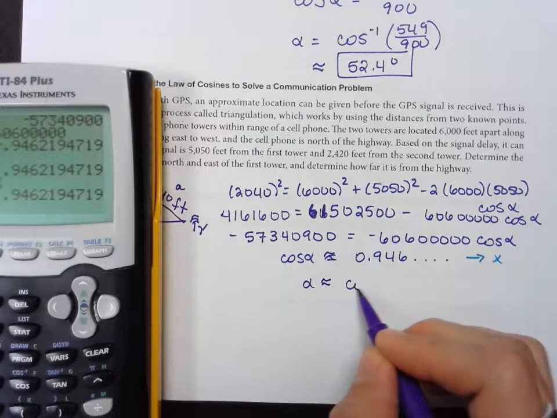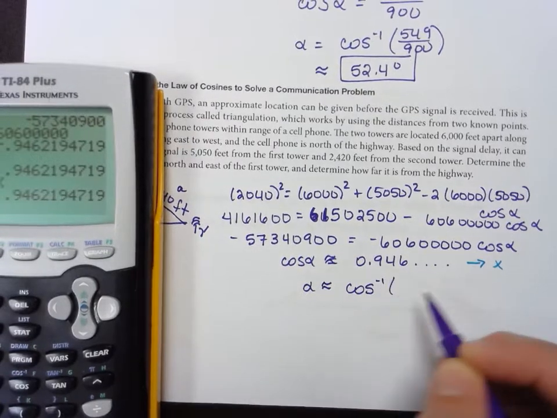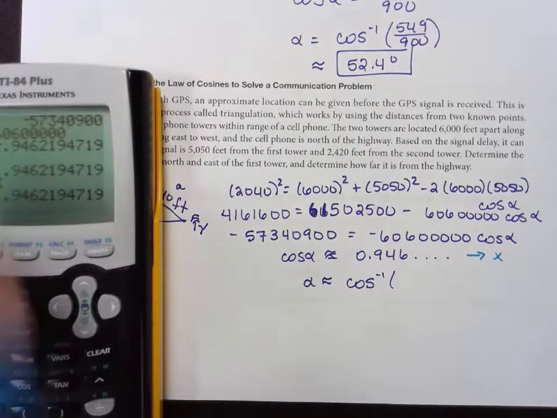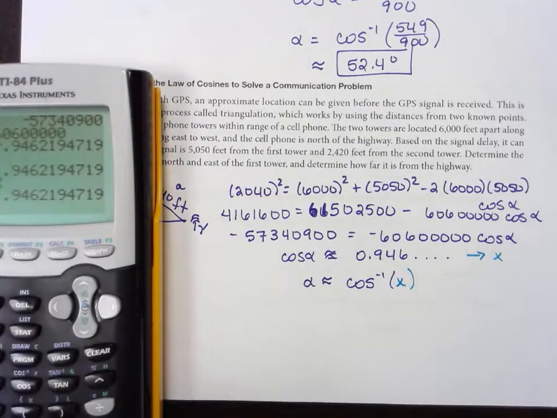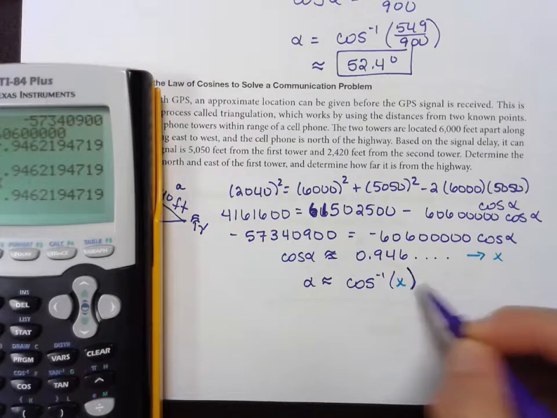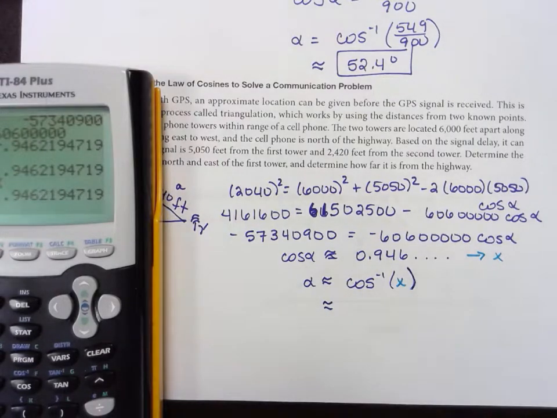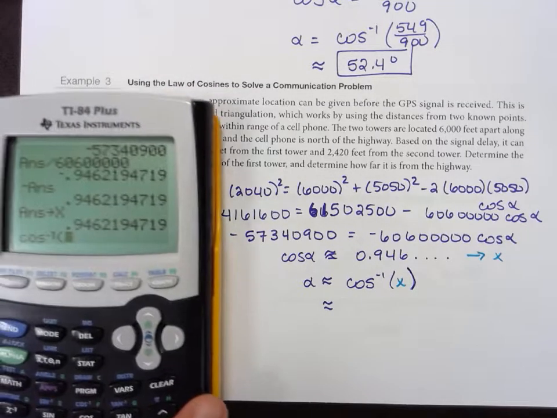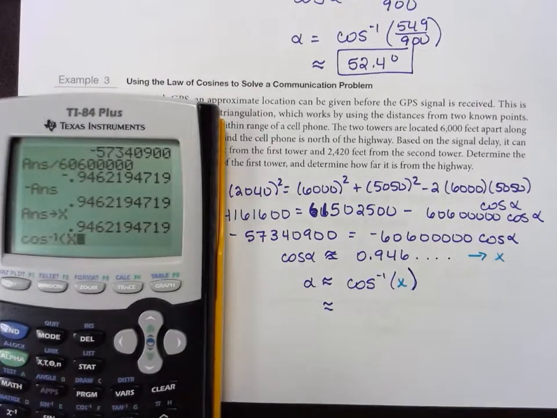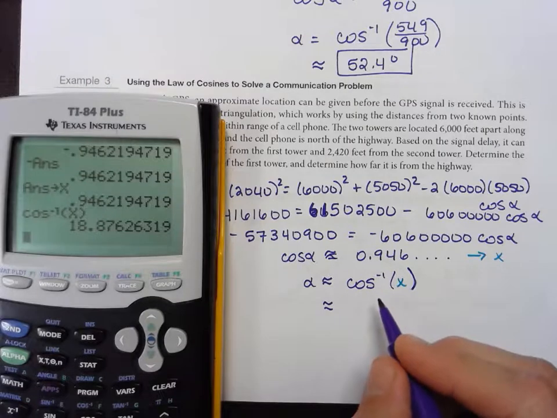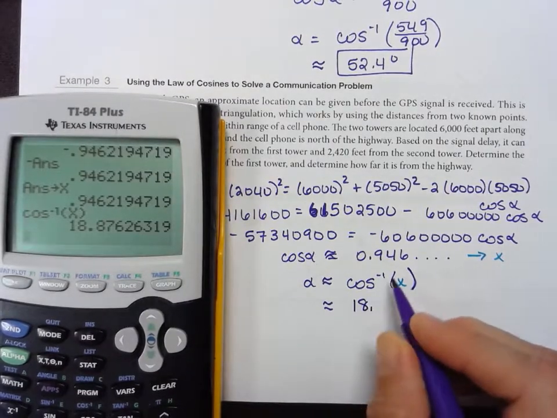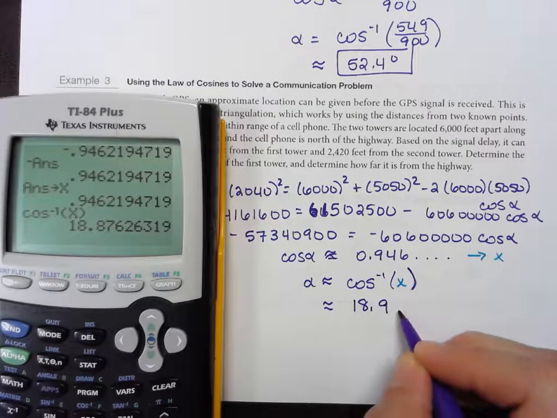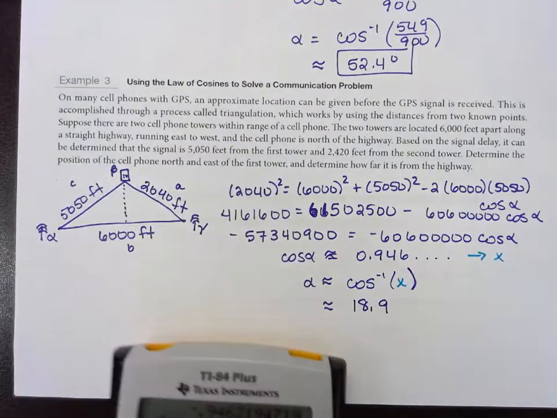Alpha is the inverse cosine of our x that we just stored. Okay, so alpha is approximately 18.9 degrees.